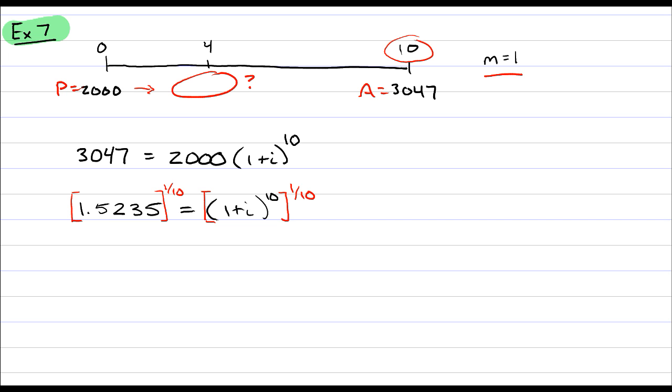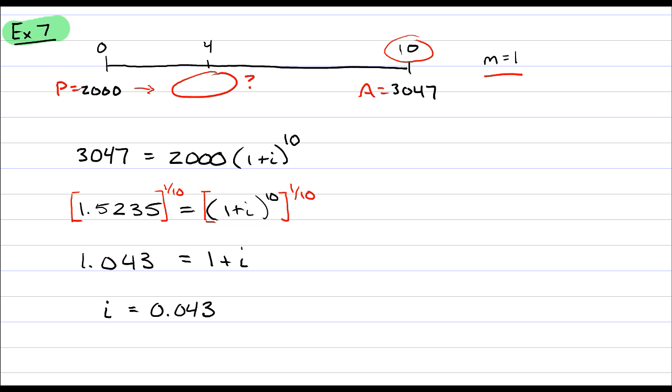So calculating the left-hand side, 1.5235 raised to the 1/10th power leaves me with 1.043, and on the right-hand side, I get 1 plus I. Okay, so then I subtract 1 from both sides, and that tells me that I is equal to 0.043.